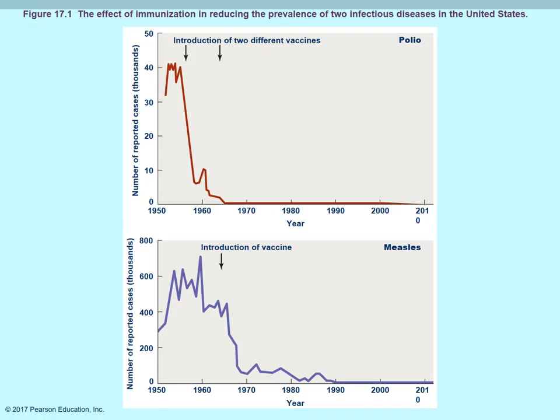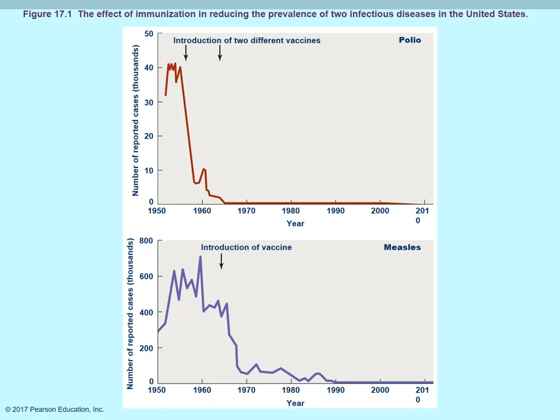A couple of vaccines that are shown with these charts here deal with diseases for which these vaccines were developed, and then there has been this very effective immunization program. Both of these vaccines were developed in the 50s, and then we started seeing widespread administration of them in the 60s.